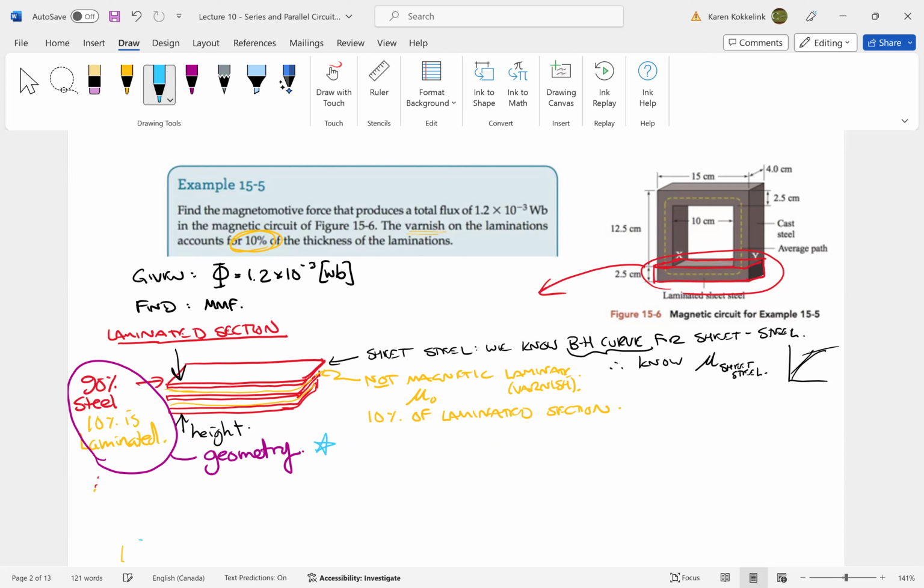But let me write down in general how this applies to you. Let's put a star beside it because it's really important. Laminations simply decrease the mean path length.